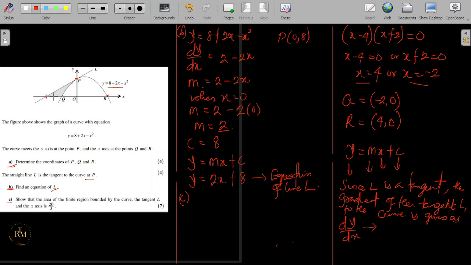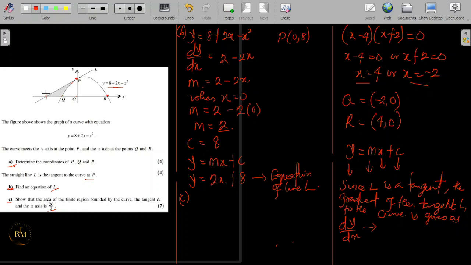Now, if I'm going to calculate the area, or show that the area is actually 20/3, I probably need to get this coordinate here, which is the x-axis intercept for this straight line.